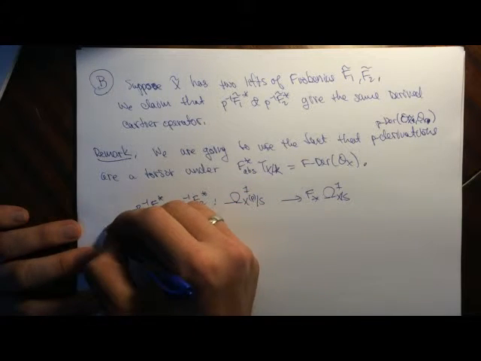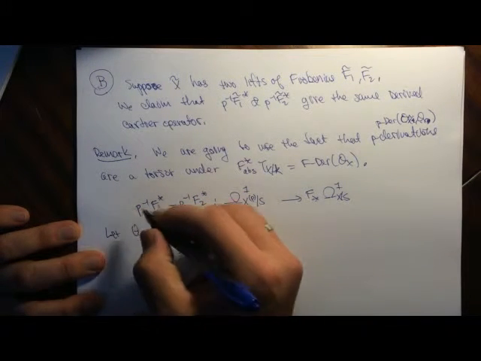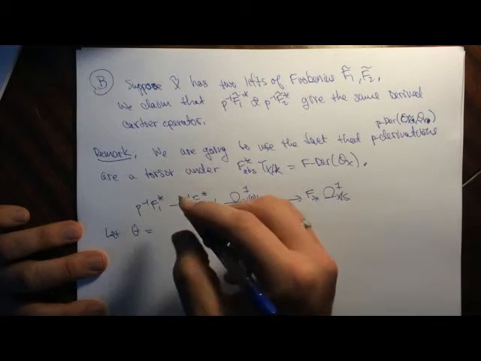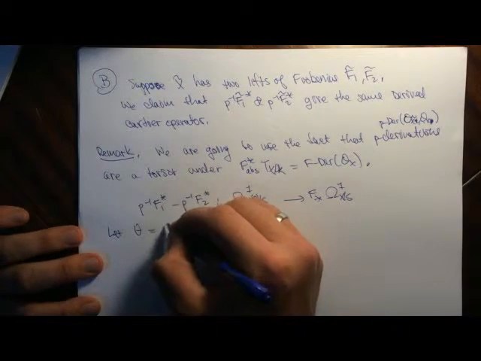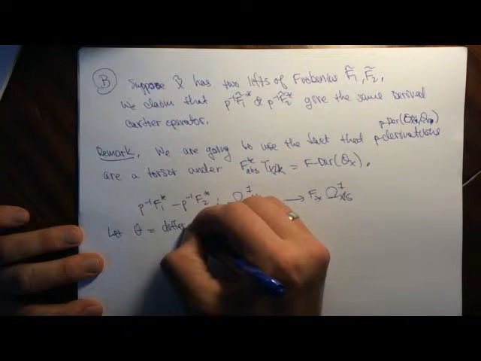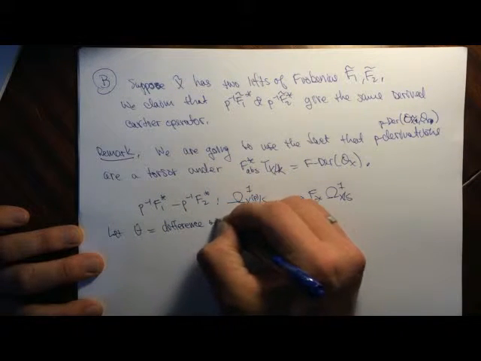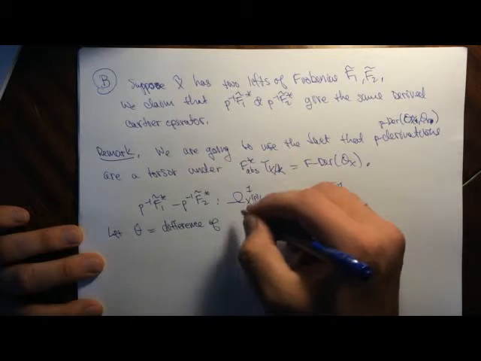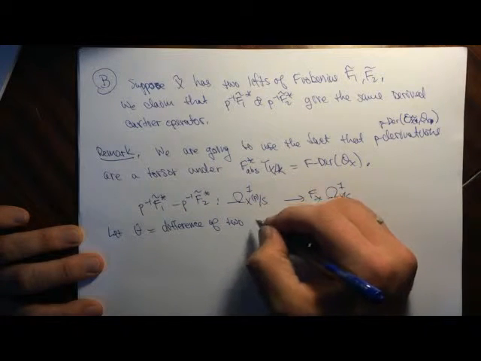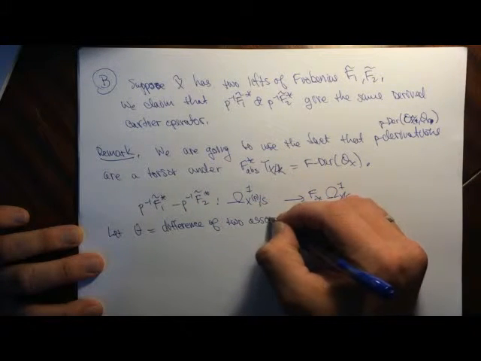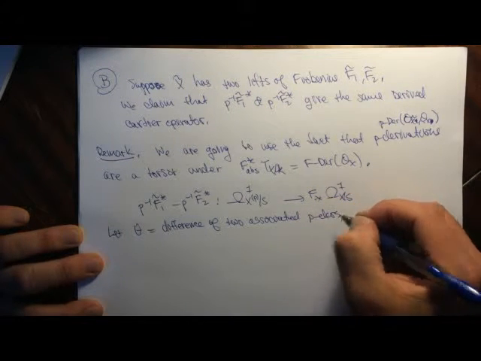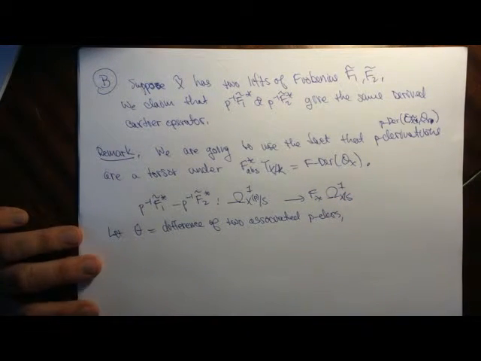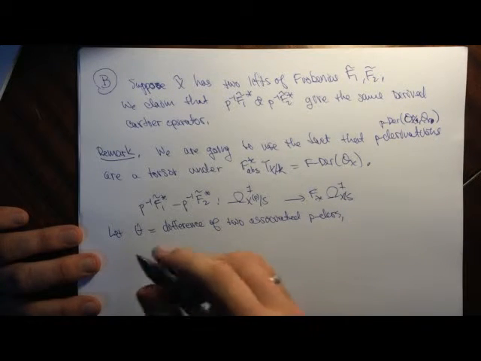Okay, so let theta equal the difference of the two associated p derivations, right? So this is what we'll write.